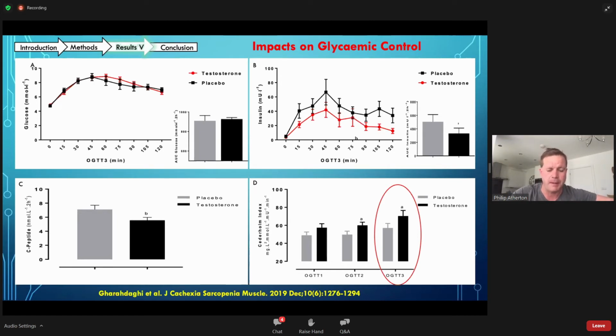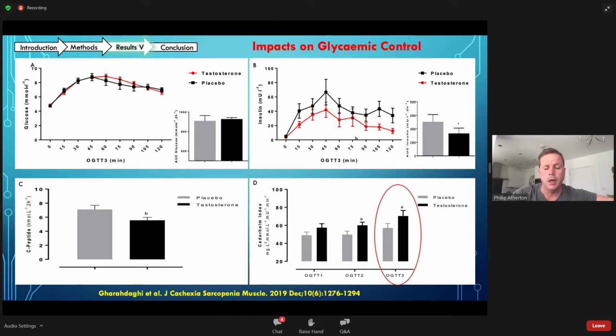If you look at C-peptide, which is produced upon insulin production, you can see that in the testosterone group in C, it's lower than in the placebo group. Again, suggestive of the notion that lesser insulin secretion is required to maintain that tight glycemic control following the glucose load.